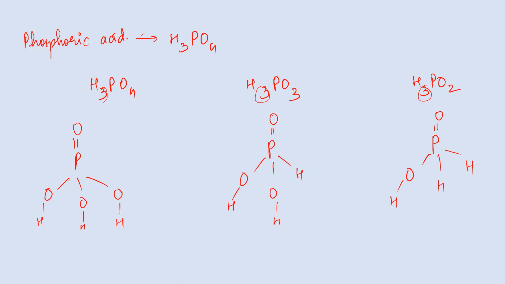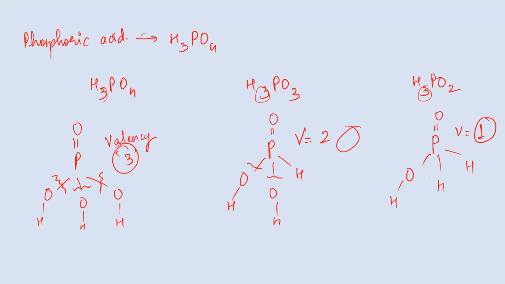Now it means this will break, this will break, this will break. So you will say that the valency here could be 3, but here this can easily break, but the valency here will be 2. Here the valency will be 1. So depending upon the structure also the valency is determined.